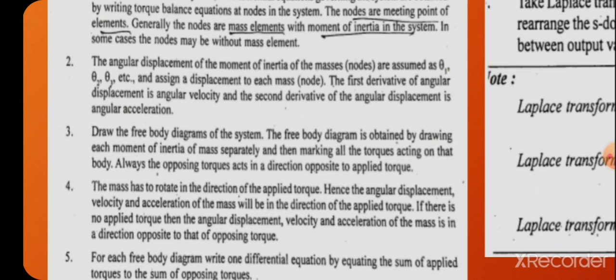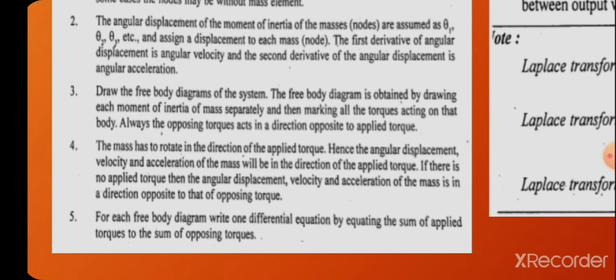For getting the free body diagram, each moment of inertia is drawn separately, and we represent the applied torques on that moment of inertia, and the opposing torques are also marked. This is done in the third step.